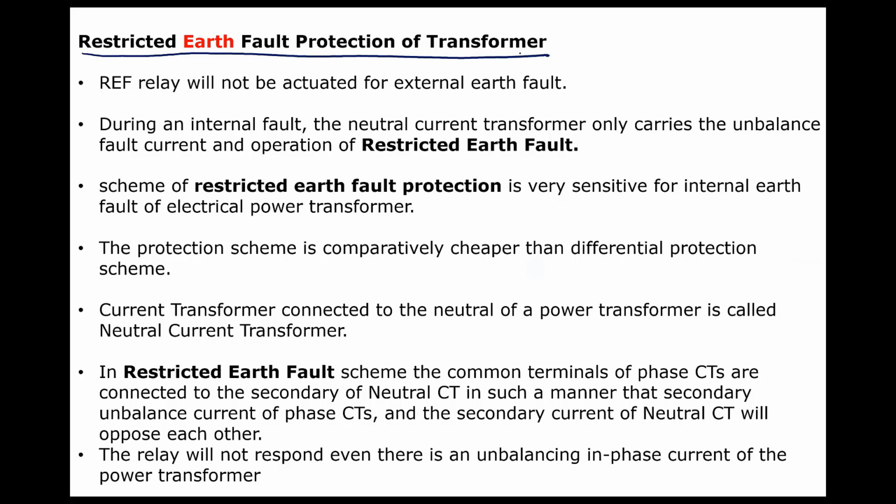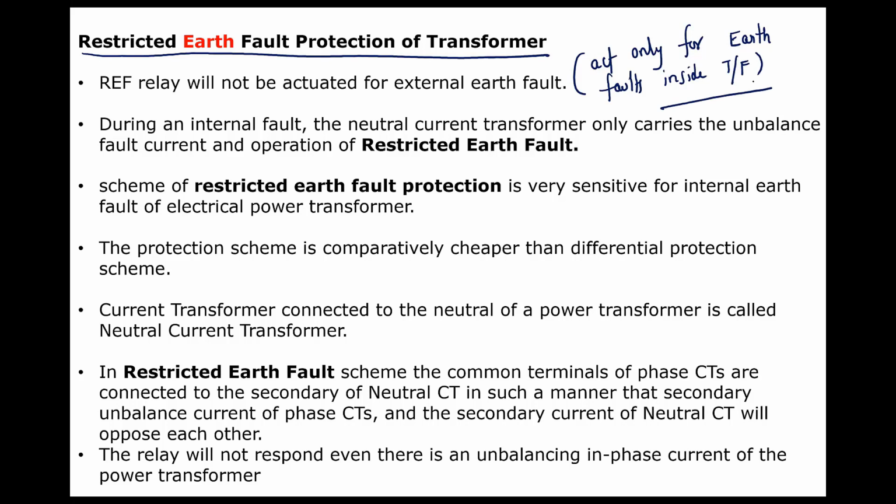Okay. The last type of protection that you implement in a transformer is restricted earth fault protection of the transformer. The restricted earth fault relay will not be actuated for an external earth fault. It will act only for earth faults inside the transformer.